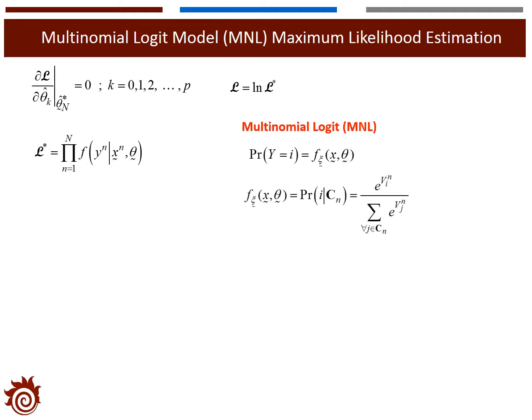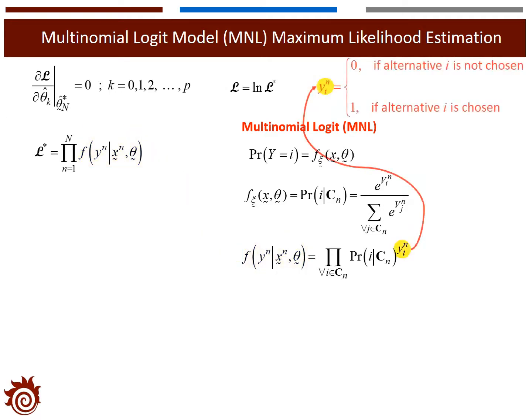It would be a function of the deterministic utility. And then the probability of y_n given x_n could be rewritten as the product over i for all the modes, of the probability of i given C_n to the power of y_in.